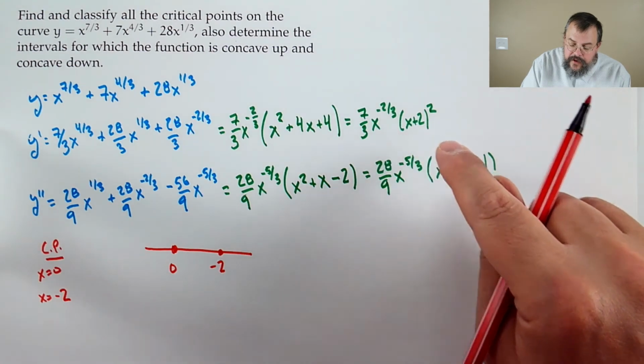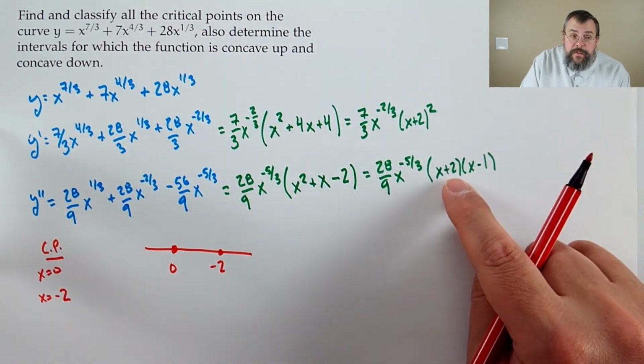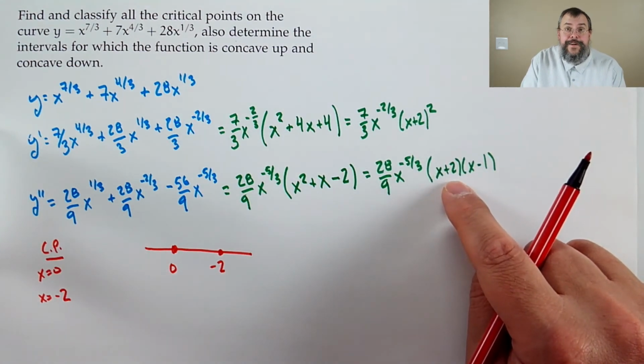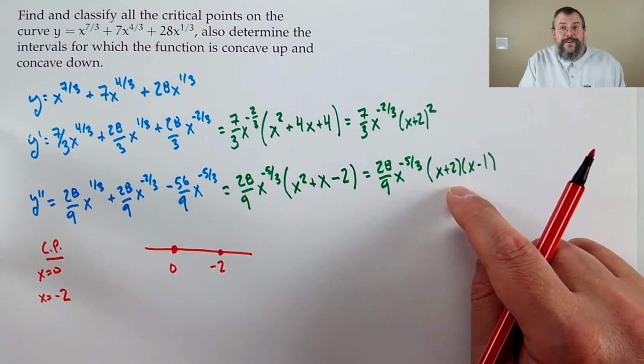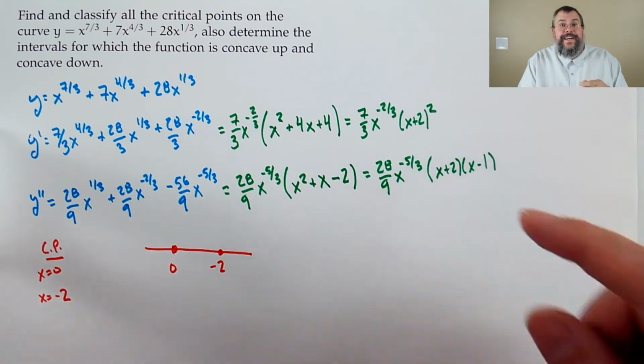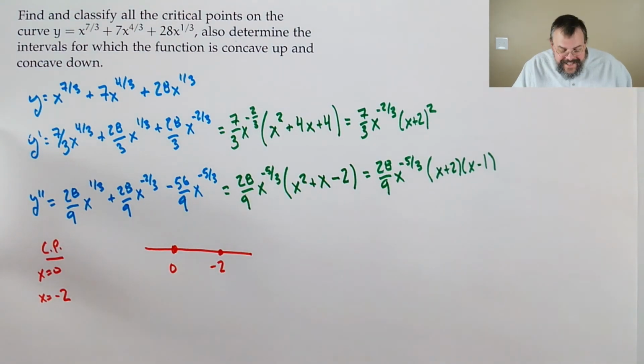And at negative 2, when I plug negative 2 into the second derivative, I have 0. Well, if our second derivative is 0, it tells us nothing. So the second derivative is really terrible as far as the test for the critical points here. But the first derivative is great.